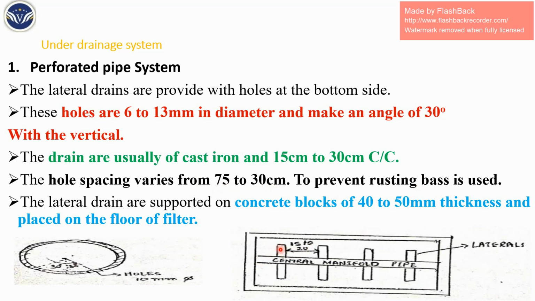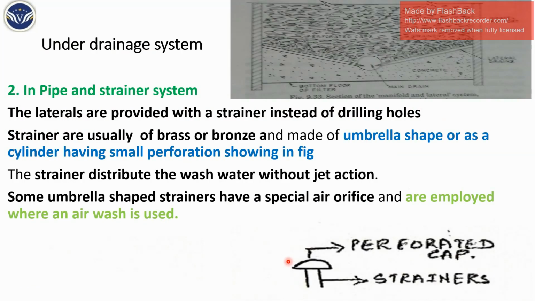These laterals are supported by concrete blocks of 40 to 50 mm thickness, placed at the bottom on the filter floor itself. So that is all about the perforated pipe system.